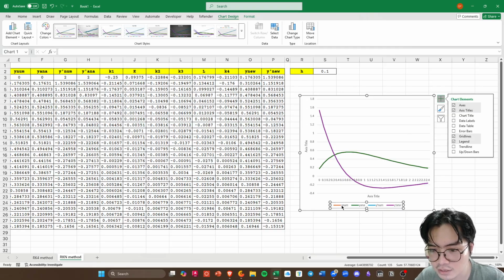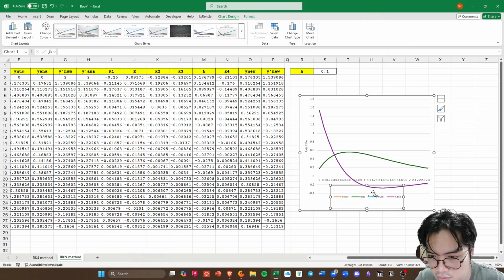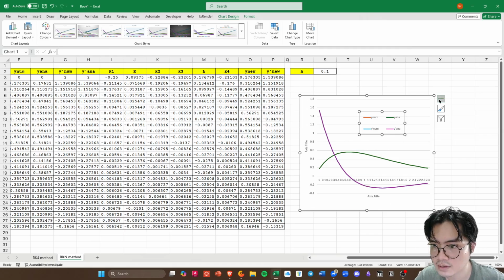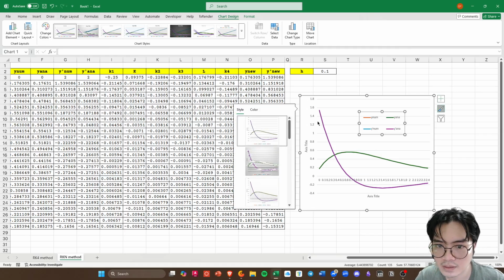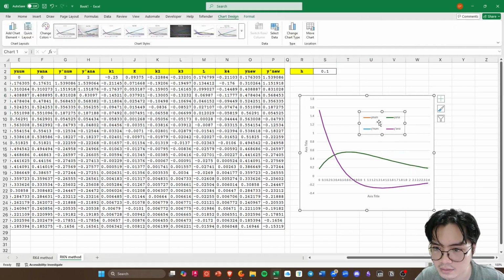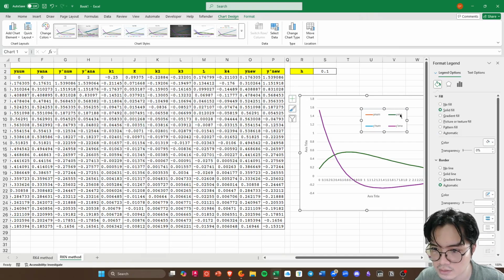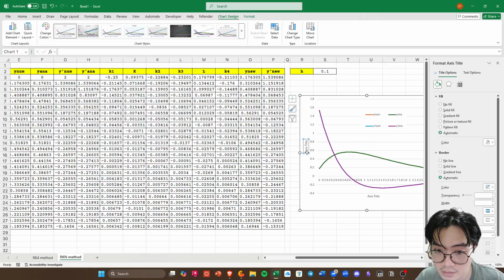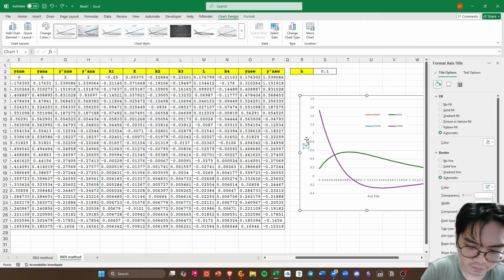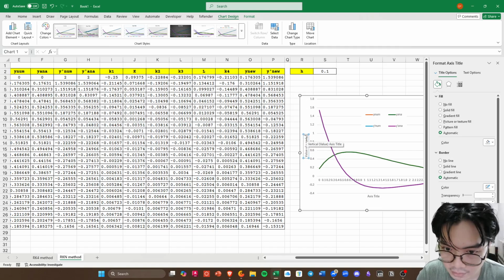We can't see our values very well yet. So let's compress these. Yeah, maybe this is fine. Let's have them edited a little bit. Let's have this as a solid fill. Okay, good. And then this is just value, the value of y and y dot.